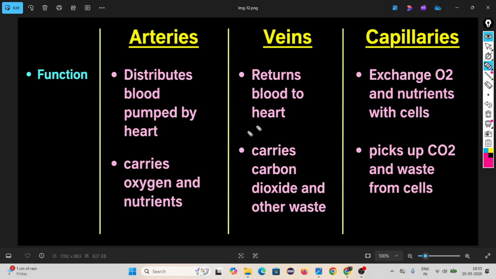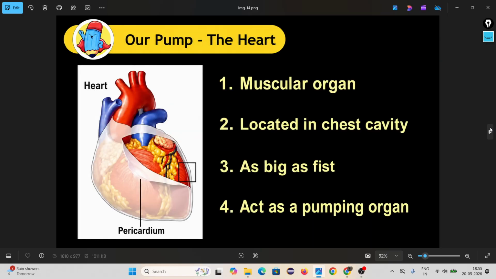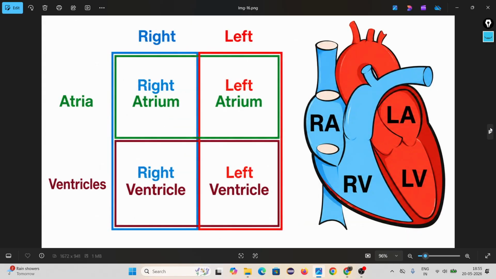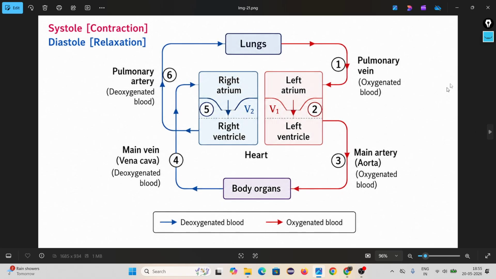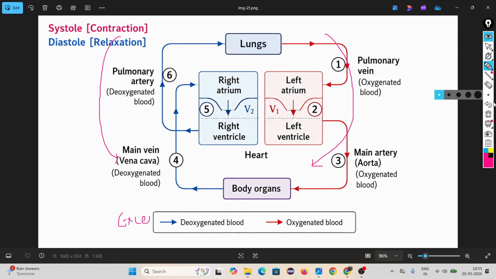Remember, there is only one exception. Arteries always carry oxygenated blood, right? Veins always carry carbon dioxide blood, right? But there is an exception.